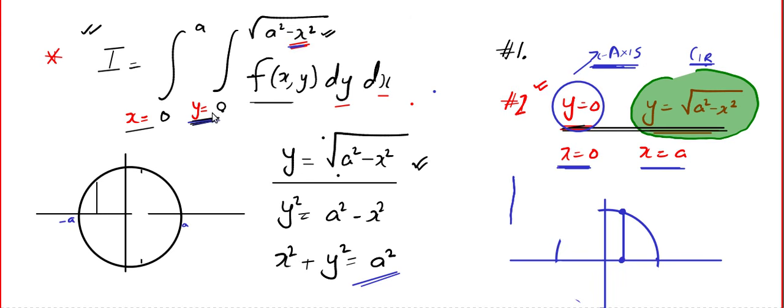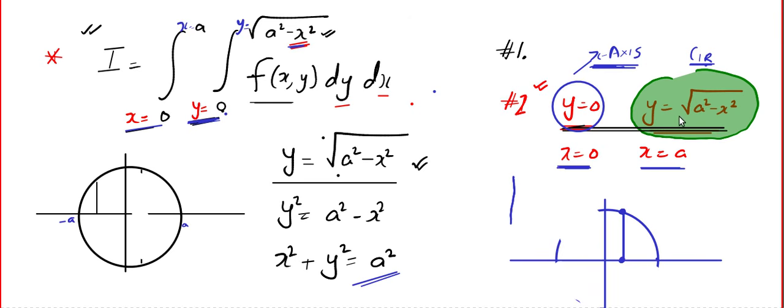And after identification, what you do is you write the limits one by one, like y equal to 0, y equal to this, x equal to 0, x equal to a, and give maximum focus to the limit or limits which will have variable on both sides.